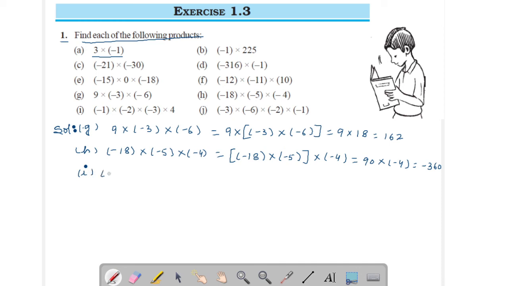Now come to I part. It is minus 1 into minus 2 into minus 3 into 4.